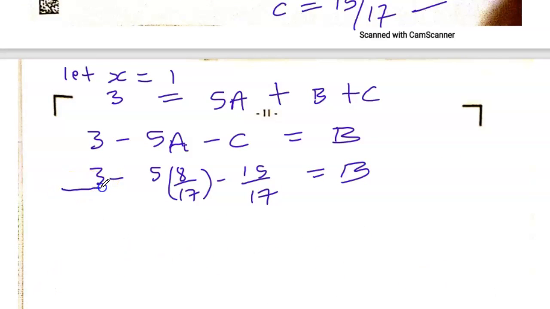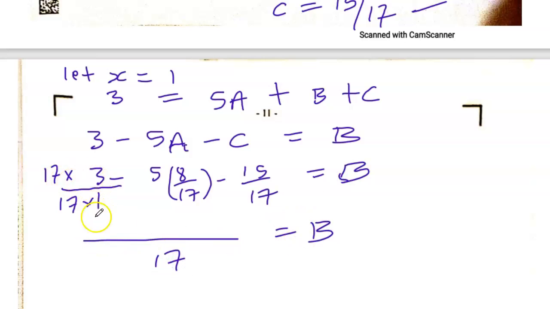I can write 3 over 1, 17 times 3 over 17 times 1. So 3 times 17, that's 51. So that's 51, equal b. So that's 3 times 17, 51. 5 times 8, 40. Minus 15.